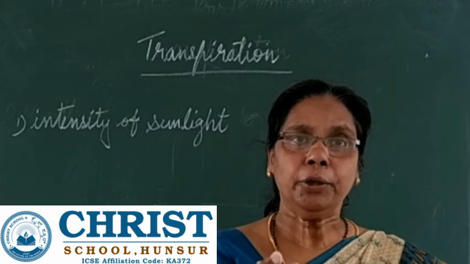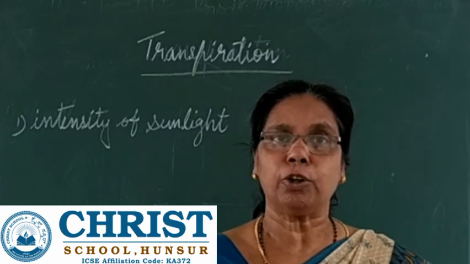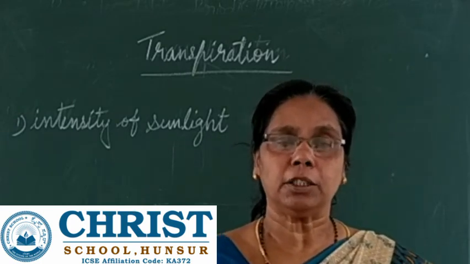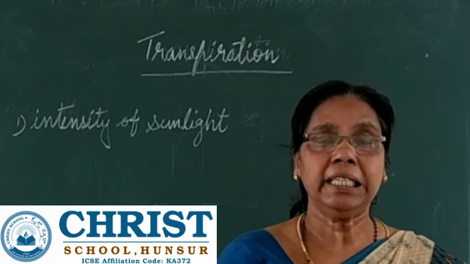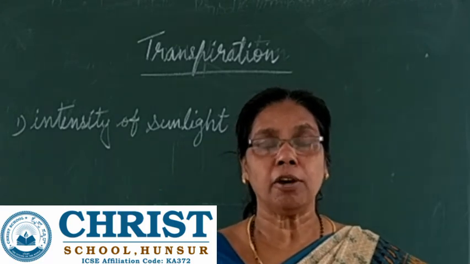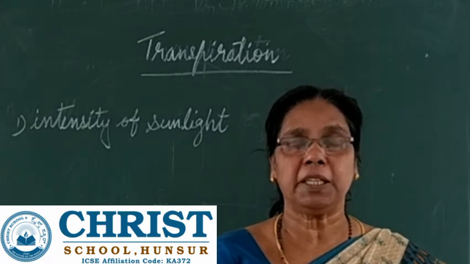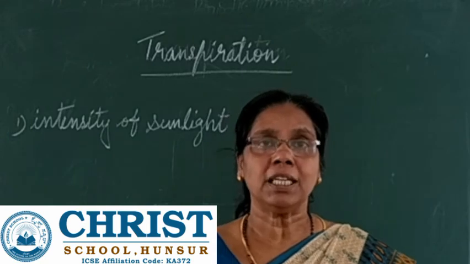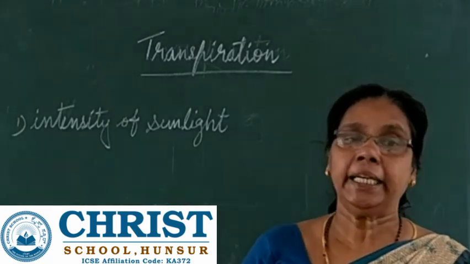During daytime the diffusion of carbon dioxide also takes place for photosynthesis, and again the plant will be absorbing water through root hairs to the root, then to the stem, and finally it reaches the leaves. The processes of photosynthesis, respiration and transpiration, these three processes take place during daytime. So as more sunlight is present, the rate of transpiration also increases.